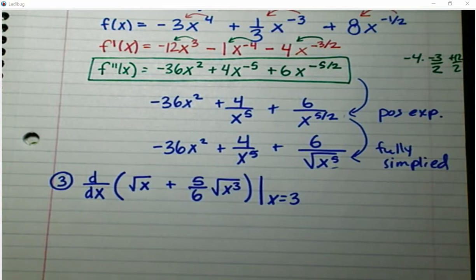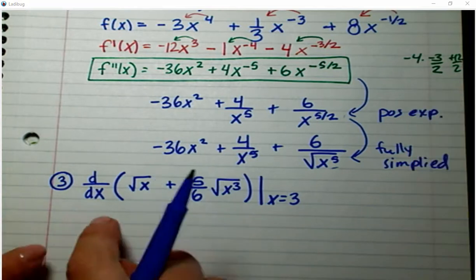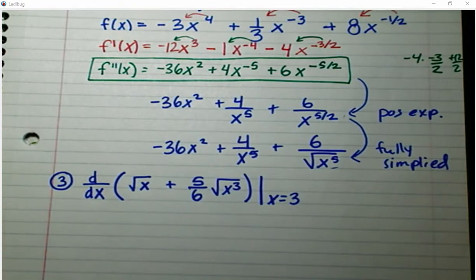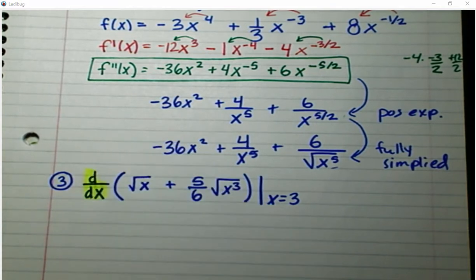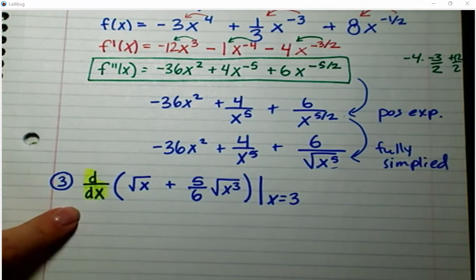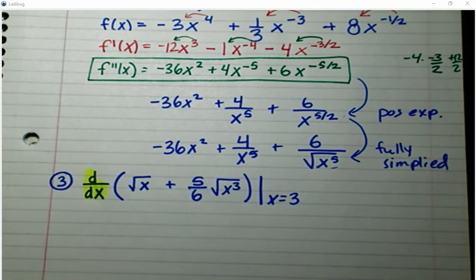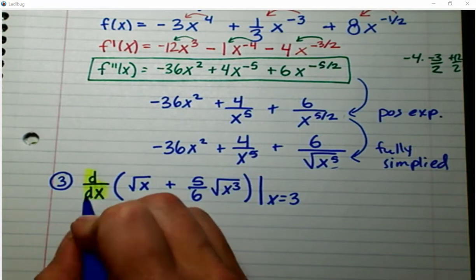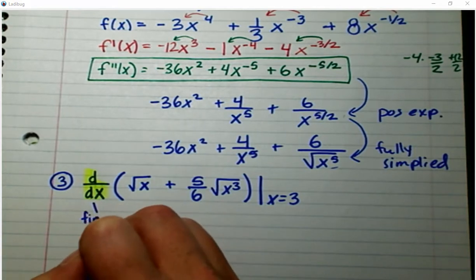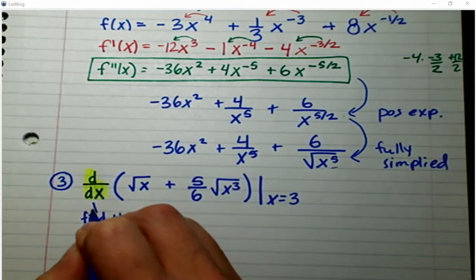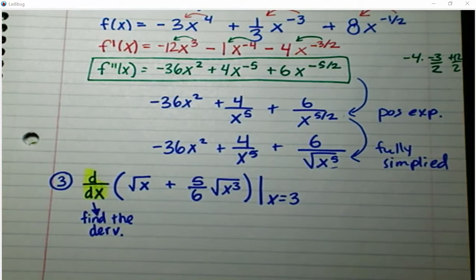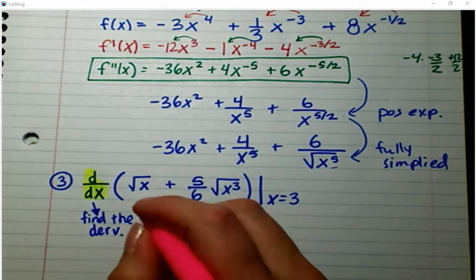So the first thing I'm going to do is sort of just identify what these different symbols mean so that I can interpret them. This part right here means find the derivative once because it's d dx and it's written once. Kind of like the other notation.